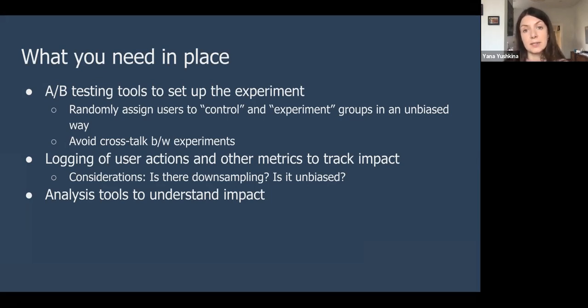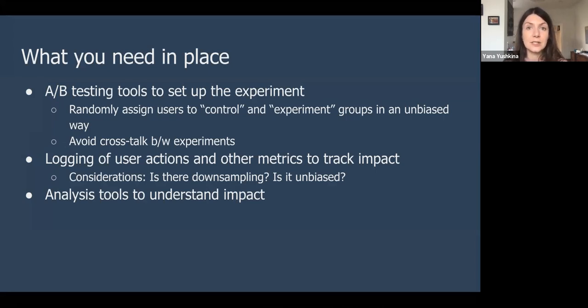Is there downsampling, meaning does your sample at some point get reduced to a representative population, in which case is that done in an unbiased way? For most smaller products or newer companies, that probably is not happening and not a problem. I work on Chrome. We have billions of users that do multiple billions of actions a day, so we downsample.